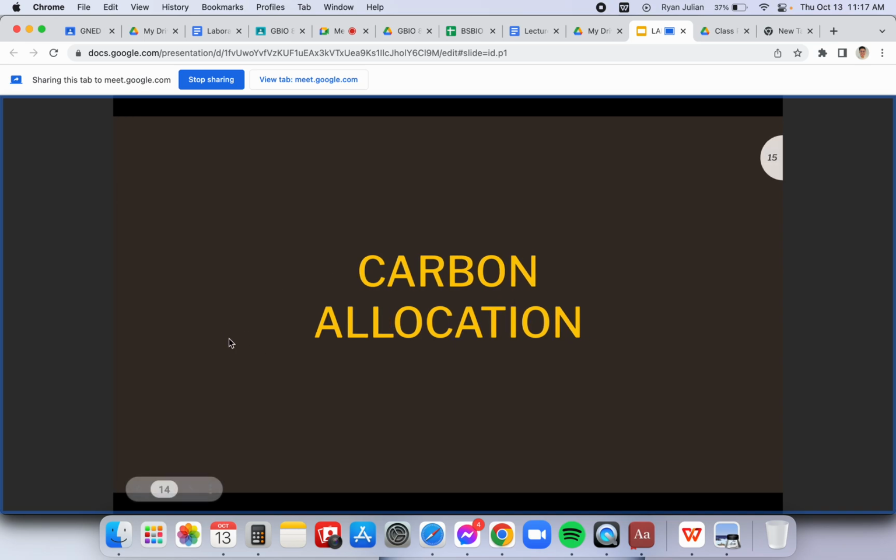Now, let's discuss a brief overview about carbon allocation and partitioning.